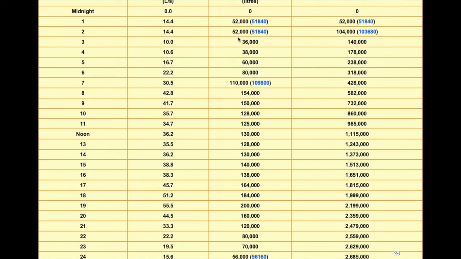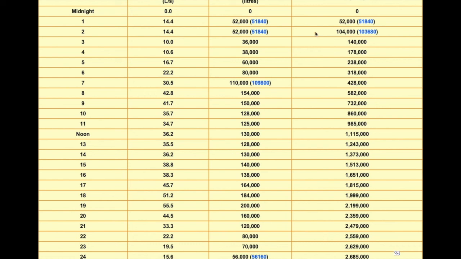And then in the second hour they also use 50,000 liters, so you just add up these two values. At the end of 24 hours, this is the total water used for that particular area. So the fourth column is basically the cumulative volume of water being used in a certain area.